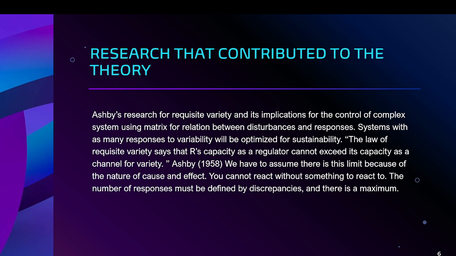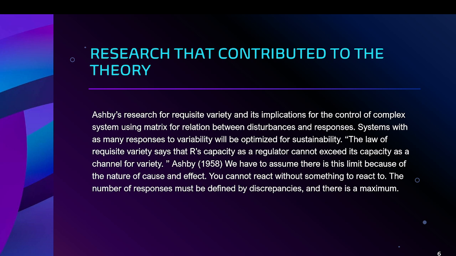The law of requisite variety says that R, which stands for responses, that capacity as a regulator cannot exceed its capacity as a channel for variety. So, responses can only be a channel of variety so much. You want to have as many responses as disturbances that arise, but you cannot exceed it according to Ashby.